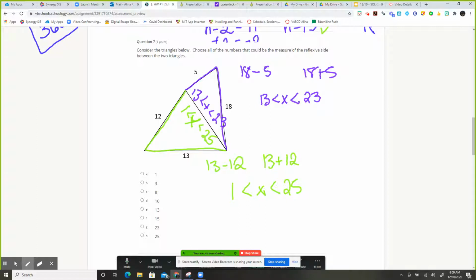But if they're attached, right? So pretend they're attached, they're going to get stuck. So the blue triangle will only close to 13. It won't go any further. So I'm going to take my bigger number between these two. I'm not going to use the 1. I'm going to use the 13.